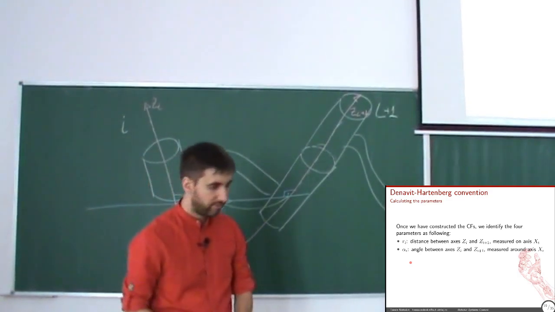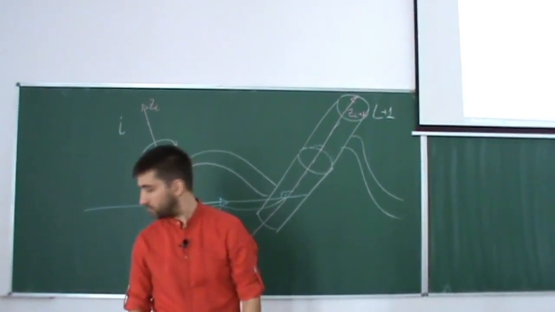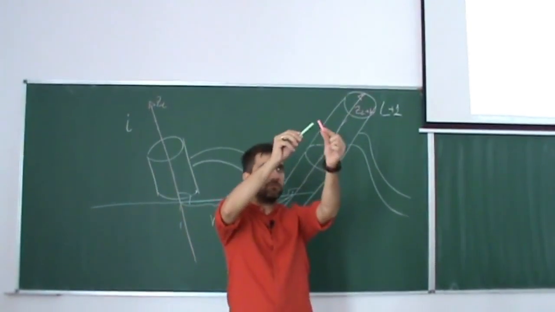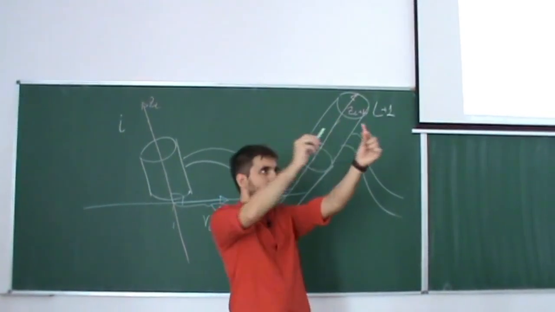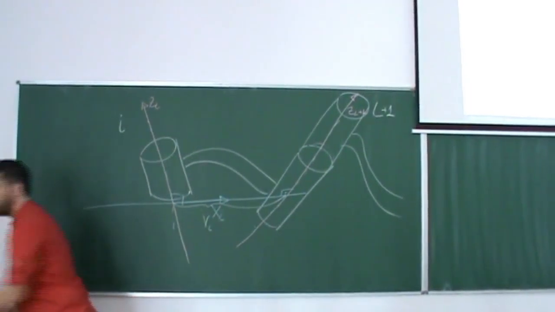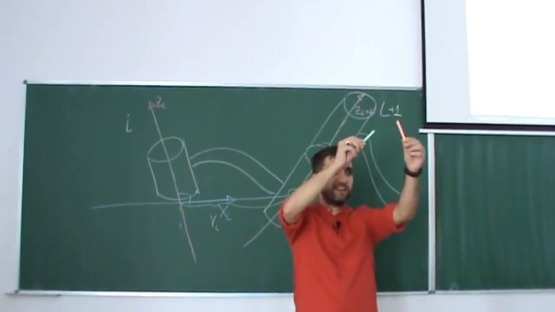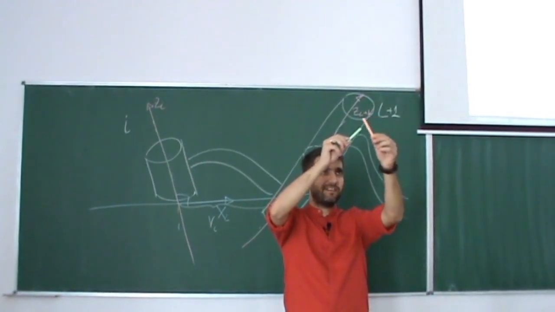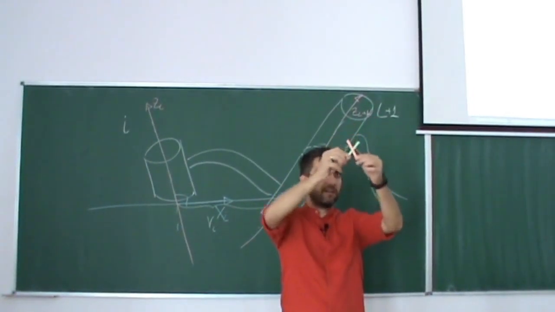Let's say I have, I should use bigger stuff. I have these two lines. Better. These two lines. Then if I bring them close together, it's this angle.